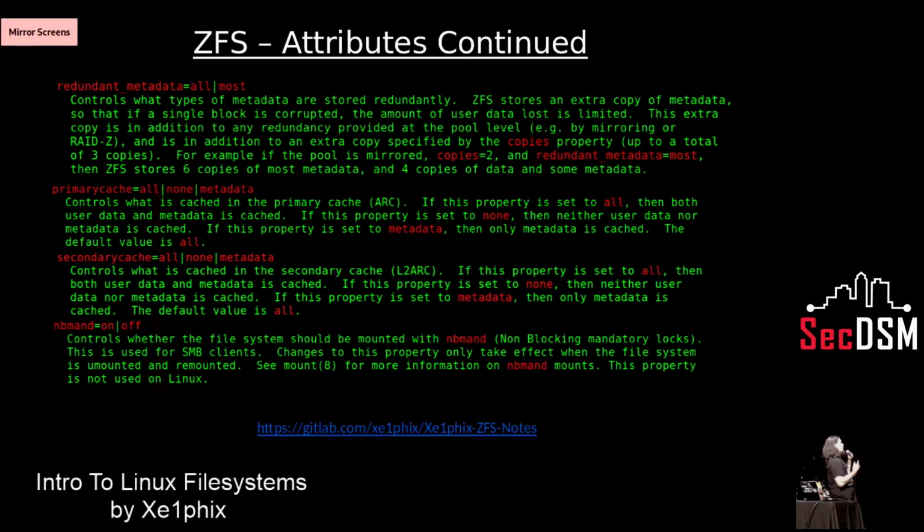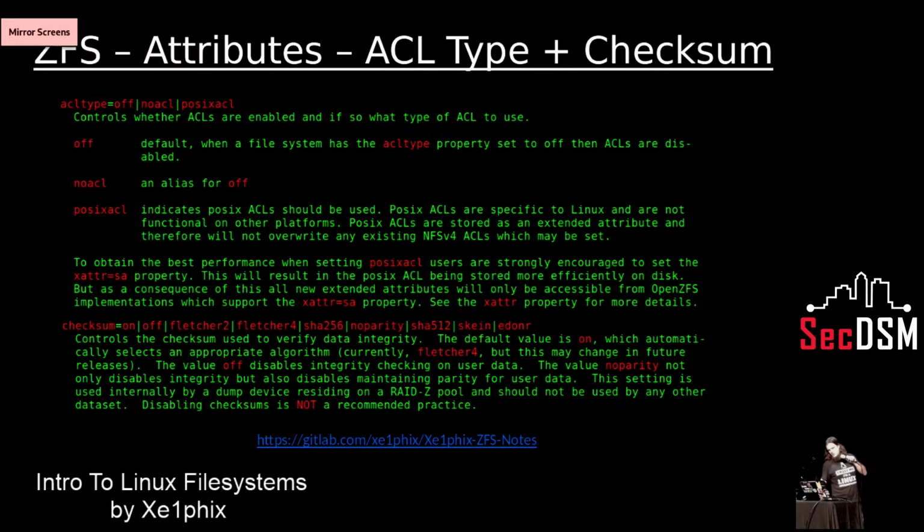You have primary caches, secondary caches, non-blocking, mandatory, and different kinds of ACLs. I think it uses POSIX by default. There are also different kinds of checksumming that you can use.